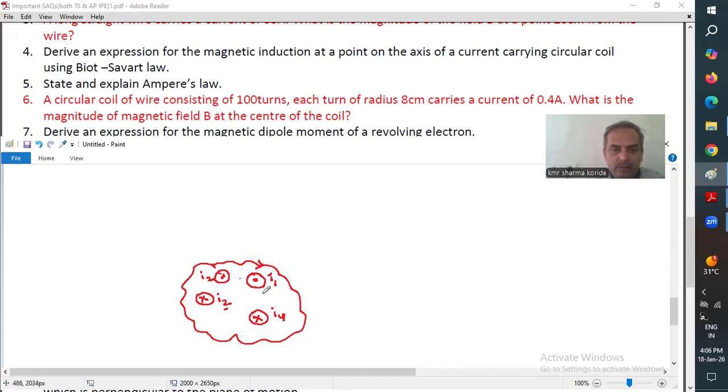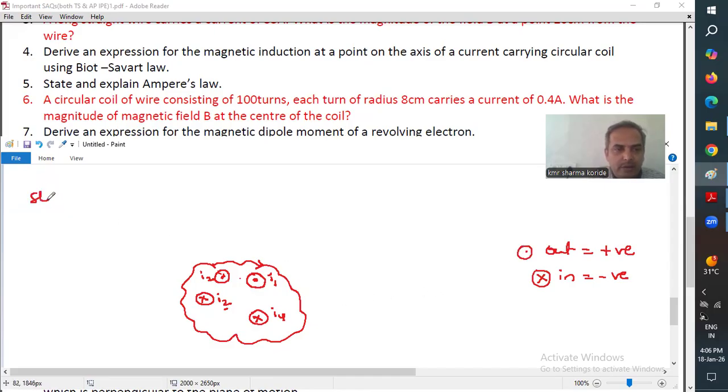So out is positive. In is negative, you take. Out is positive. In is negative. So it means the crosses are inwards. Dots are outwards.